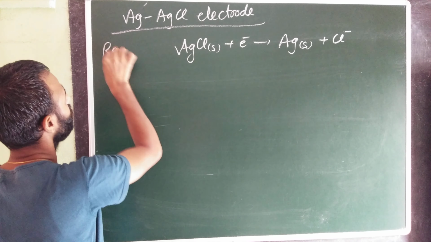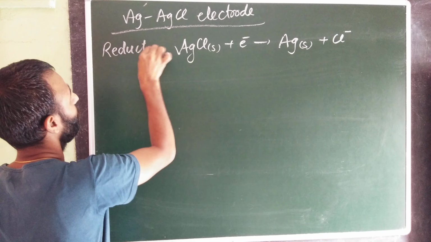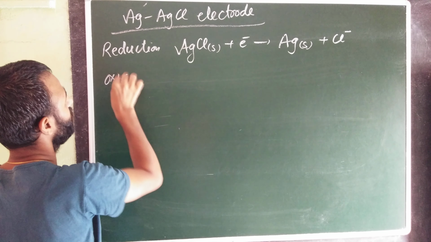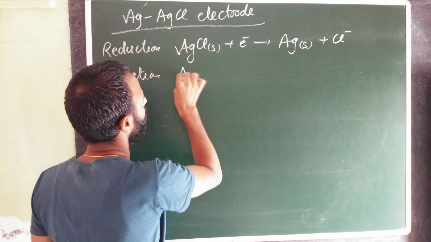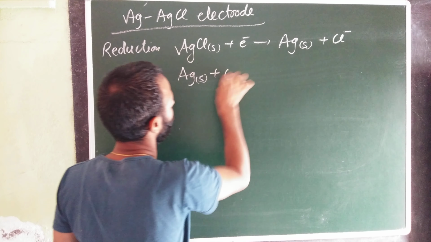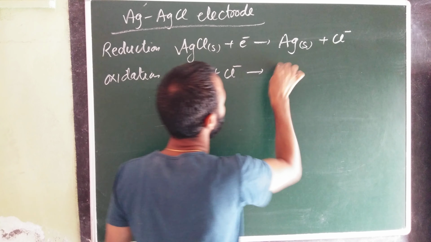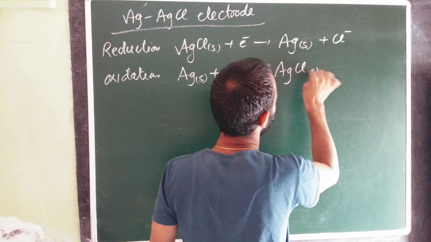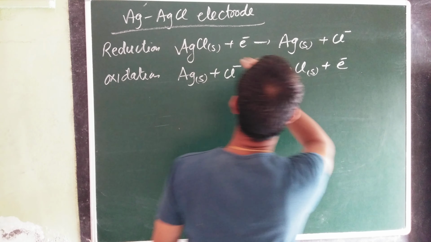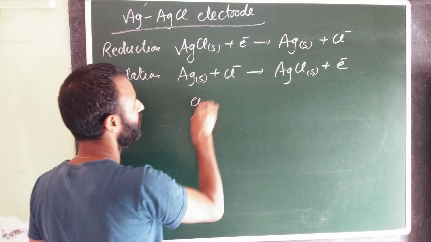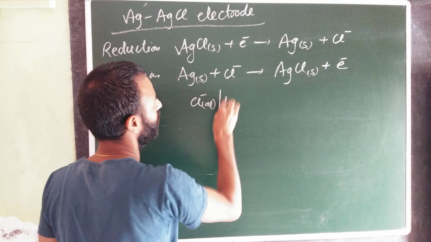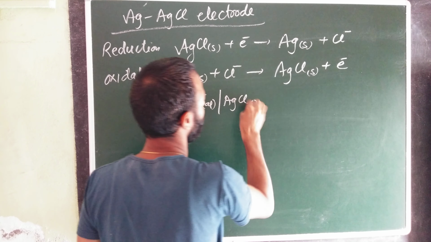If oxidation takes place, the reaction is just reversed. So this electrode is again reversible with respect to Cl negative ions, and it is represented as Cl negative, aqueous AgCl, Ag.